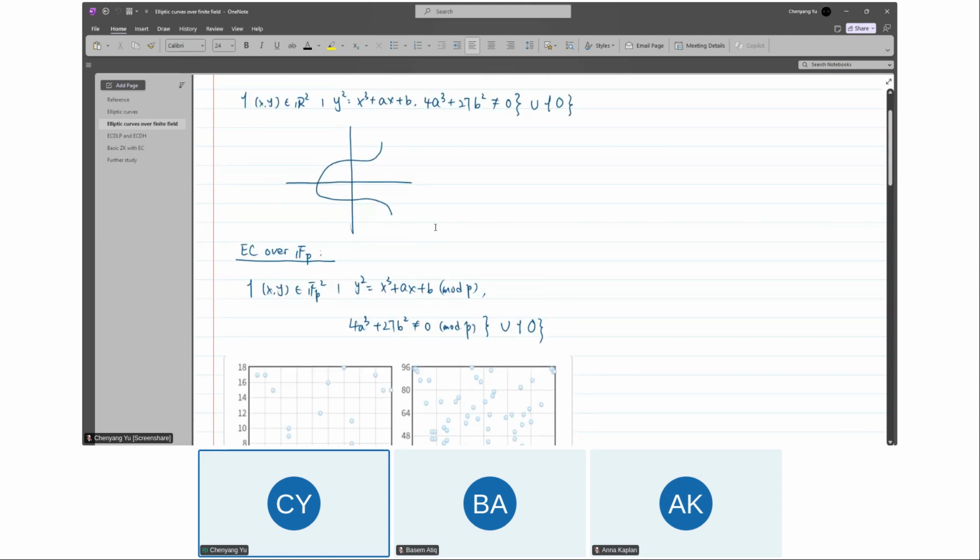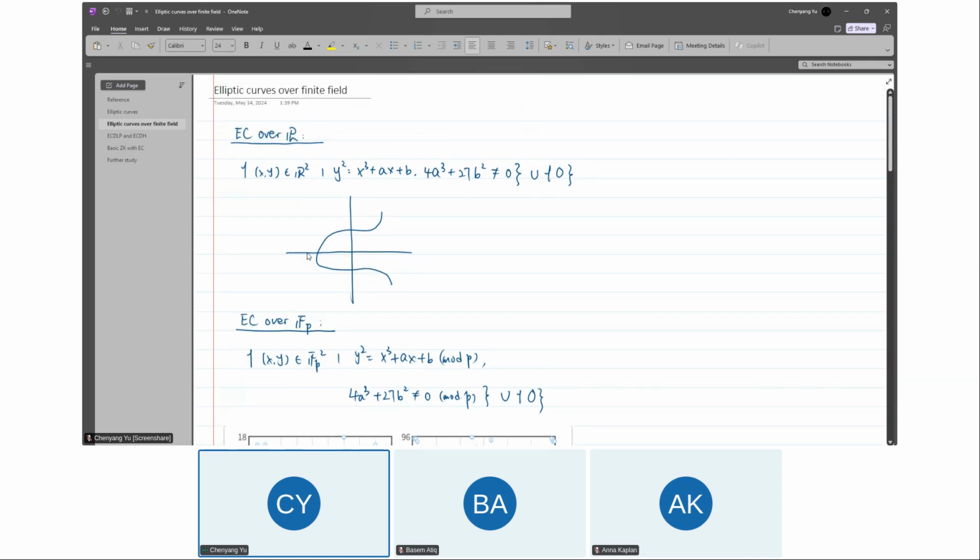It turns out that over a finite field, the computation is much easier than over R. Think of this: for a finite field, we are limiting the result to a finite set, so the maximum value we can get is p minus 1. So the computation is pretty efficient.